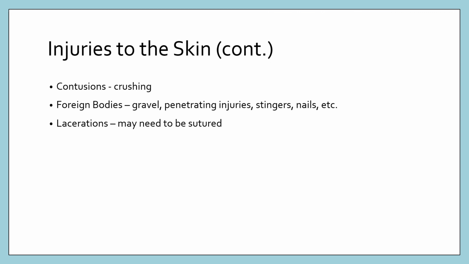Contusions, like crushing contusions, can happen in, say, a bicycle accident, for example. You can get gravel in the skin. Penetrating injuries can damage the skin, of course. Stingers, nails, those are common injuries to kids. Lacerations, the thing we're concerned about is that it may need to be sutured.